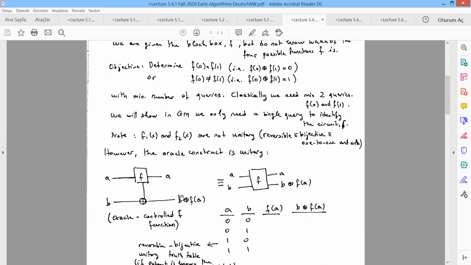If f of a is 0, then b plus 0 is b. If f of a is 1, then b plus 1 is reverted: b becomes b inverse, 0 is converted to 1, and 1 is converted to 0. So in other words, we can represent this unitary oracle construct like this.